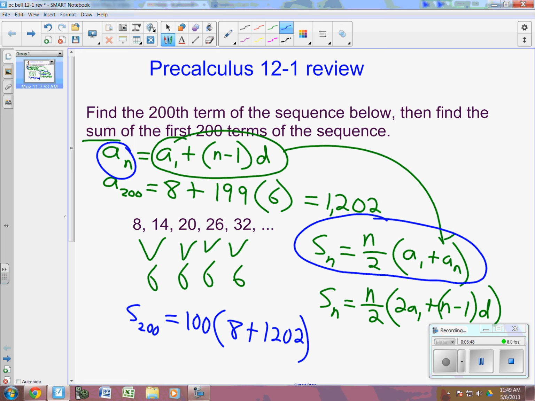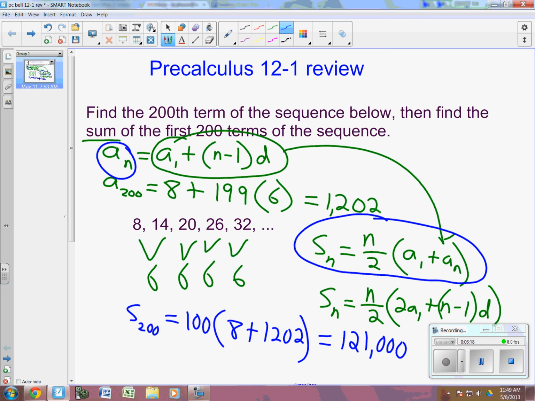Okay, and we get what? 121,000. Yeah, I was just about ready to say that. So if you add all the terms, 8 plus 14 plus 20 plus 26 plus 32, clear up to the 200th term, you'd get 121,000.